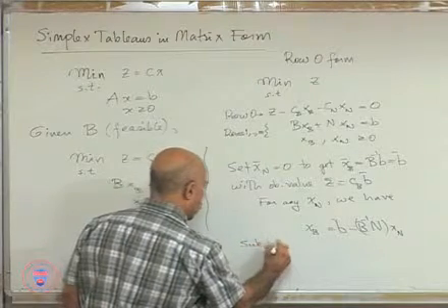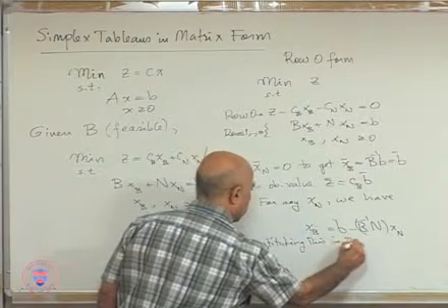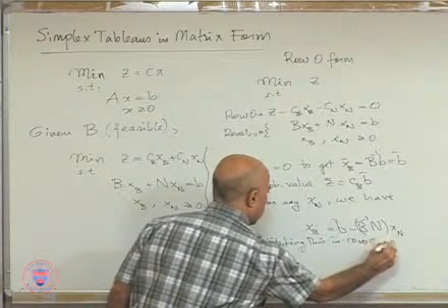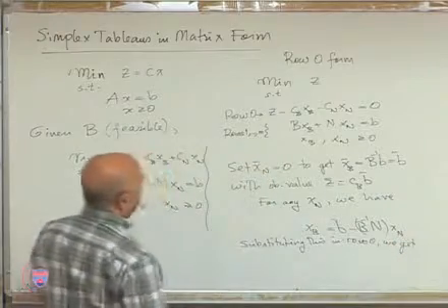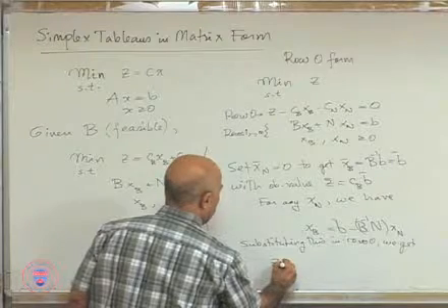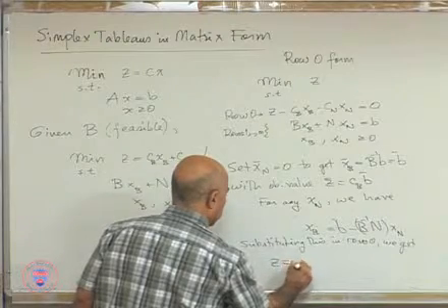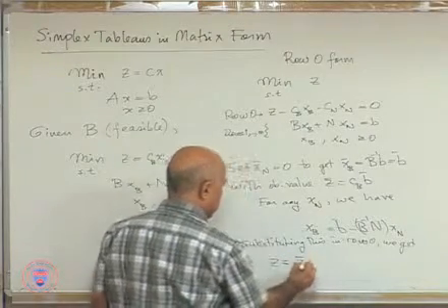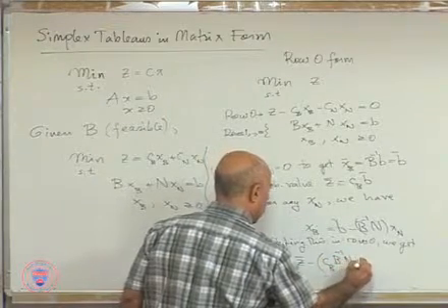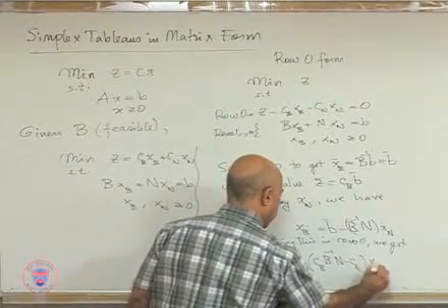Substituting this in the objective function in row 0, what do we get? We get z equals the current value z bar minus (C_B B inverse N minus C_N) times x_N.